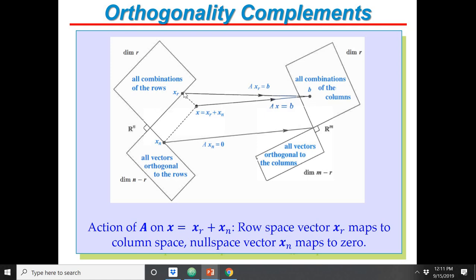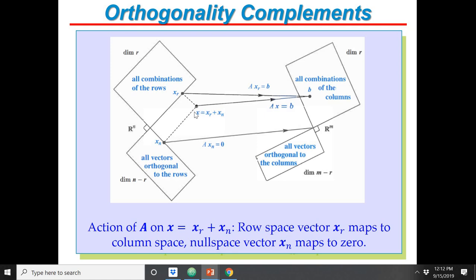So effectively, you have a unique map from the row space to the column space. And again, in the schematic here, we are trying to solve Ax equal to b, where b is a vector in the column space. So we have been able, for any vector b and any matrix A, to identify a unique element xr that maps directly to b.